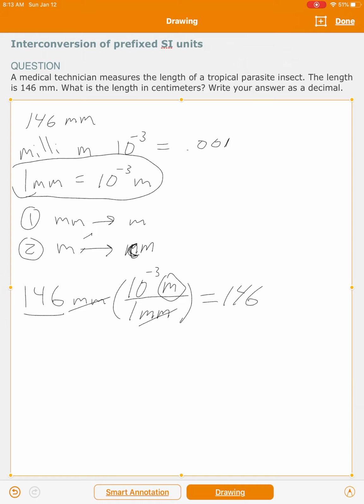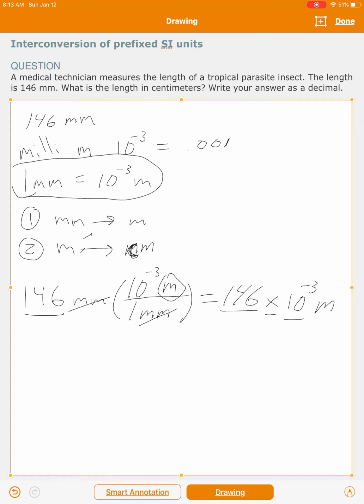So the notation we use is we put in x for times, and then 10 to the minus 3. So the notation here is you write the decimal number times your power of 10. And then don't forget the units.